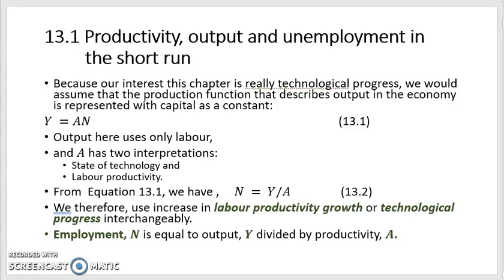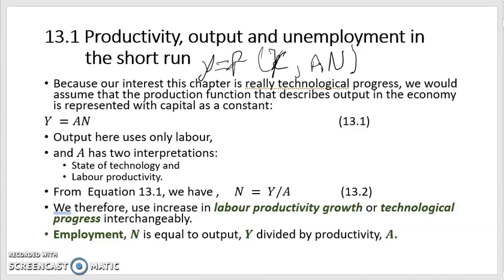From chapter 12, we represented technological progress as the increase in A, the state of technology, such that our production function was given by output being a function of capital and effective labor.